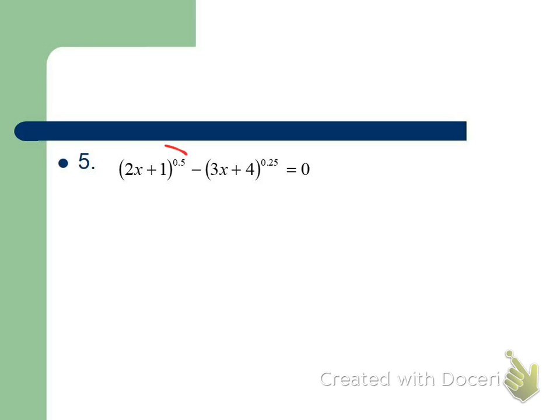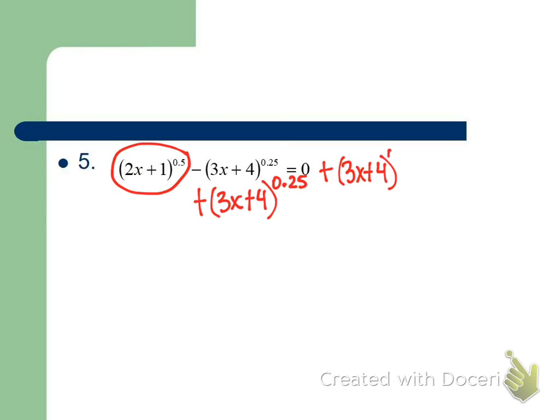Okay, so if I want to get this front set of parentheses by itself, what am I going to have to do? Add. If we are subtracting this whole second half, I can get rid of it by adding that whole entire thing, 3x plus 4 to the 1/4 power. But I have to do that to both sides. 0.25 is 1/4 as a fraction.